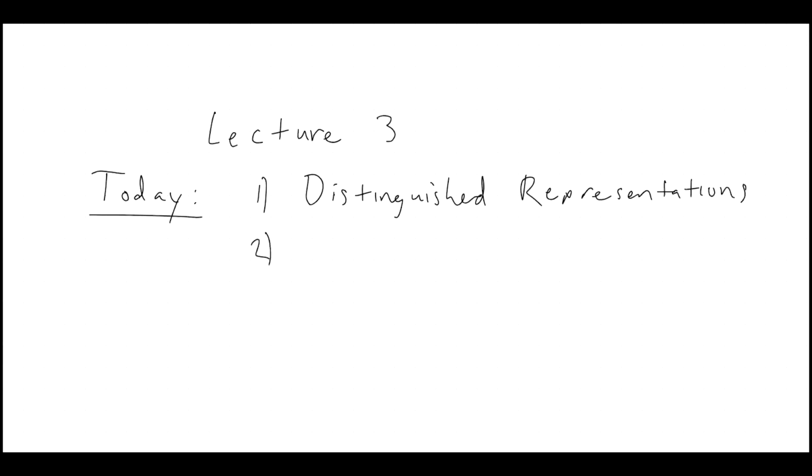Then we'll talk about how we can characterize the spin 9 distinguished representations of F4. And then after that, we'll talk about the spin 9 relatively supercuspidal F4 representations.